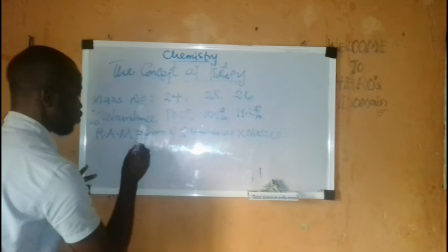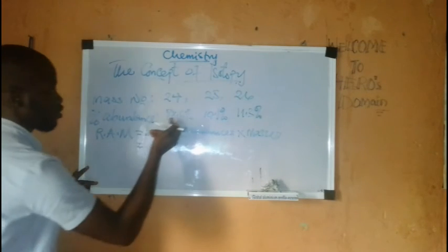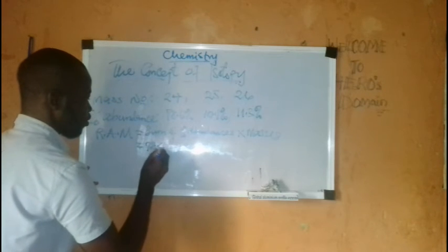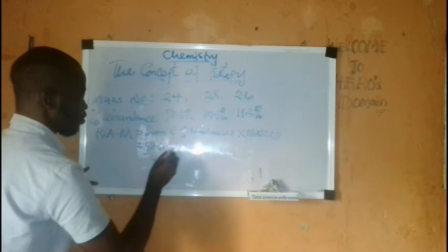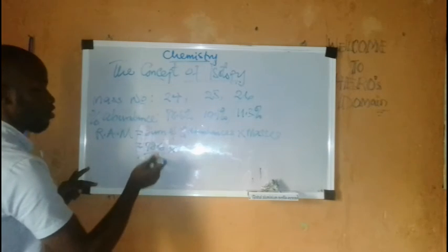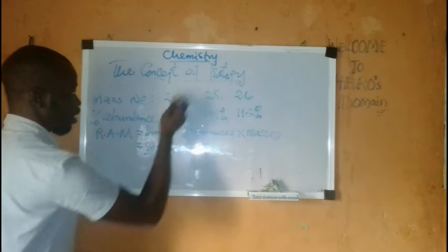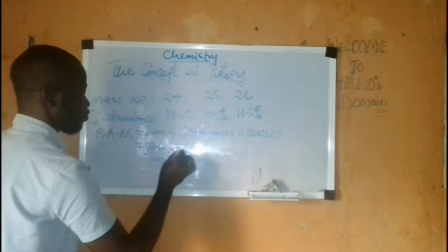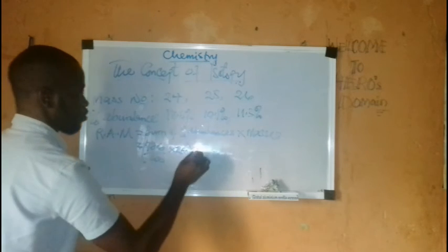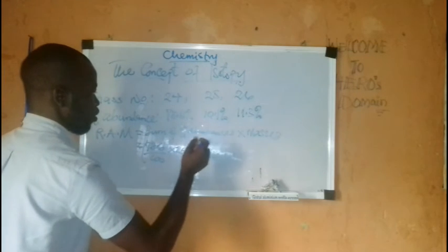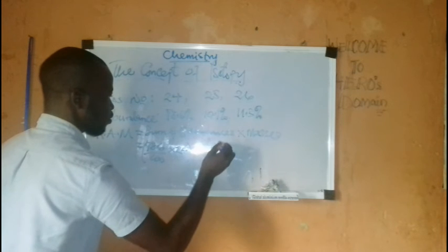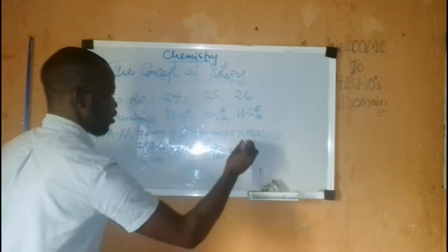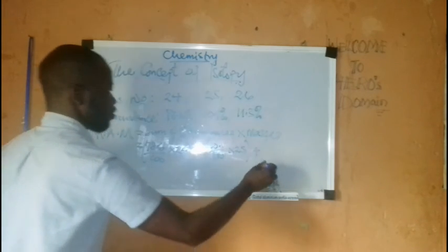Alright, now let's go ahead to compute the composition. The first isotope is 78.6 over 100. Remember it's a percentage, so you divide by 100: 78.6 over 100 times the mass, which is 24, plus the next, 10.1 all over 100 times 25, plus the last isotope.